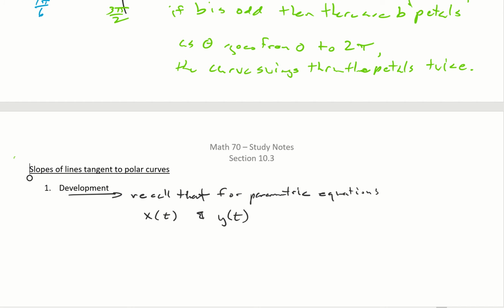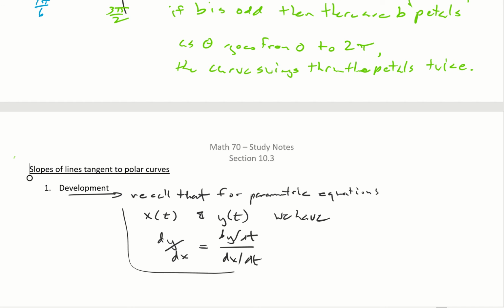We have that the derivative of y with respect to x, the rate of change of y with respect to x, we found it to be dy/dt divided by dx/dt. So that works for parametric.